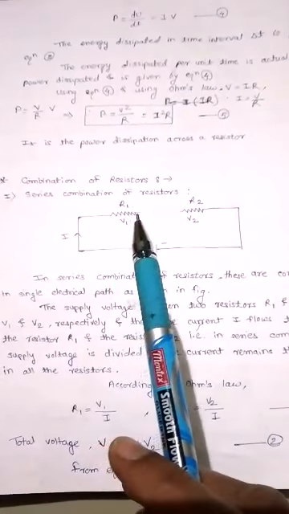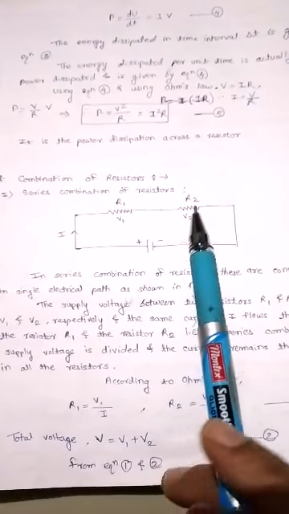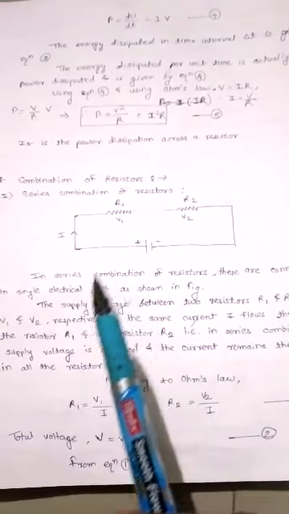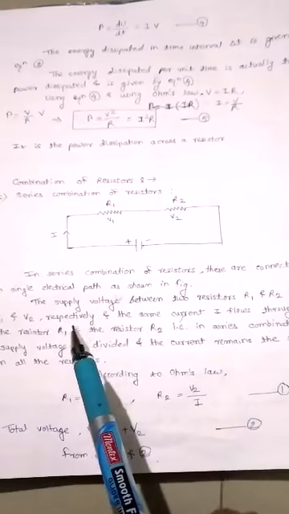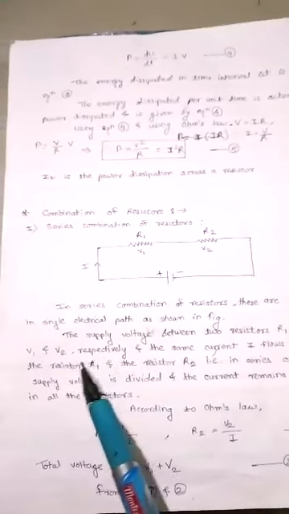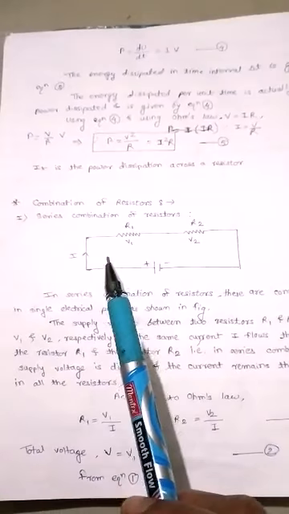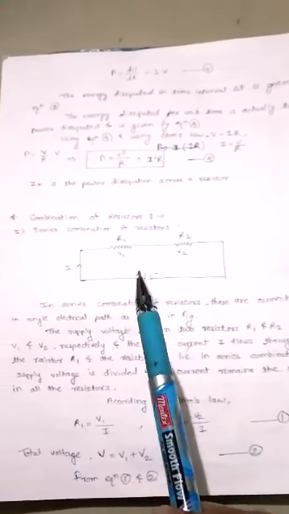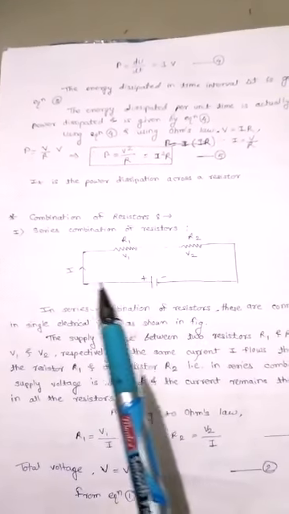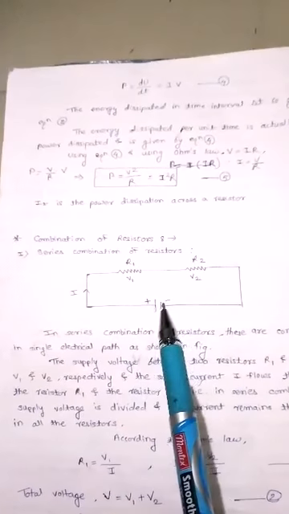Means the voltage across resistor R1 is V1 and voltage across R2 is V2 respectively, and the same current I flows through the resistors R1 and R2. That is, in series combination supply voltage is divided and the current remains the same in all the resistors.